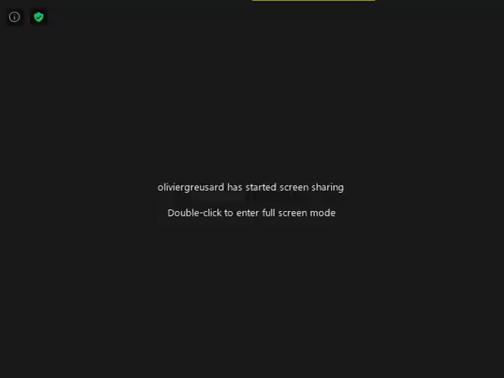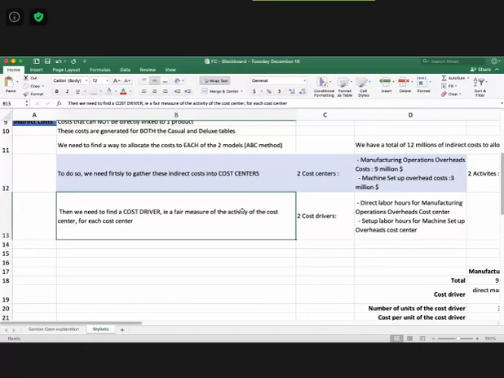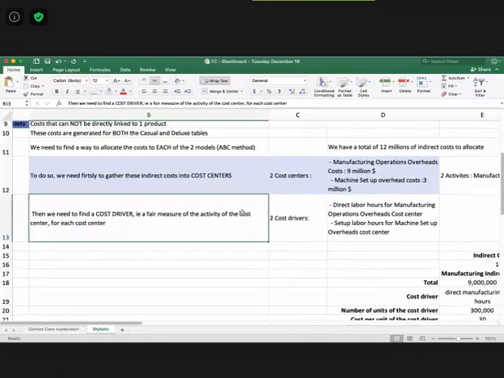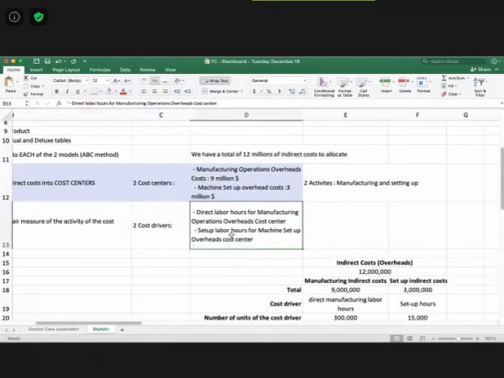So I'm coming back to my blackboard. We need to find a cost driver, meaning a fair measure of the activity of the cost center, for each cost center. So we identified 2 cost drivers in our case. Direct labor hours for manufacturing operation.